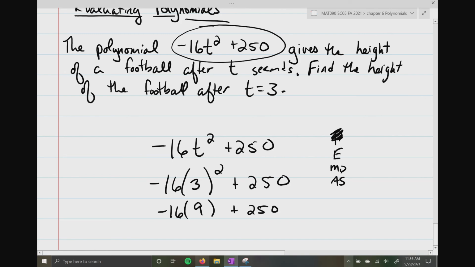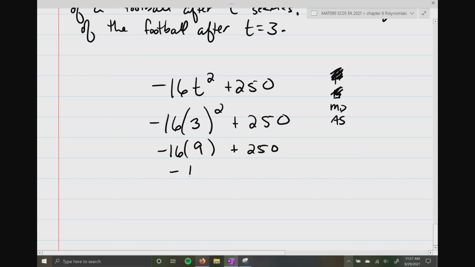Exponents are done. Now remember, you do multiplication and division in order from left to right. I don't know if we remembered that, but you do it in order from left to right. So, negative 16 times 9 is negative 144 plus 250.